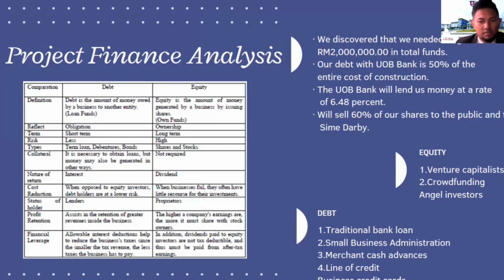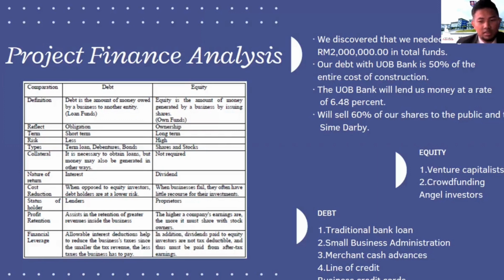So for the types of project finance, equity, for example, is for venture capitalists, crowdfunding, and angel investors. But for debt, it is traditionally bank loans and the Small Business Administration.